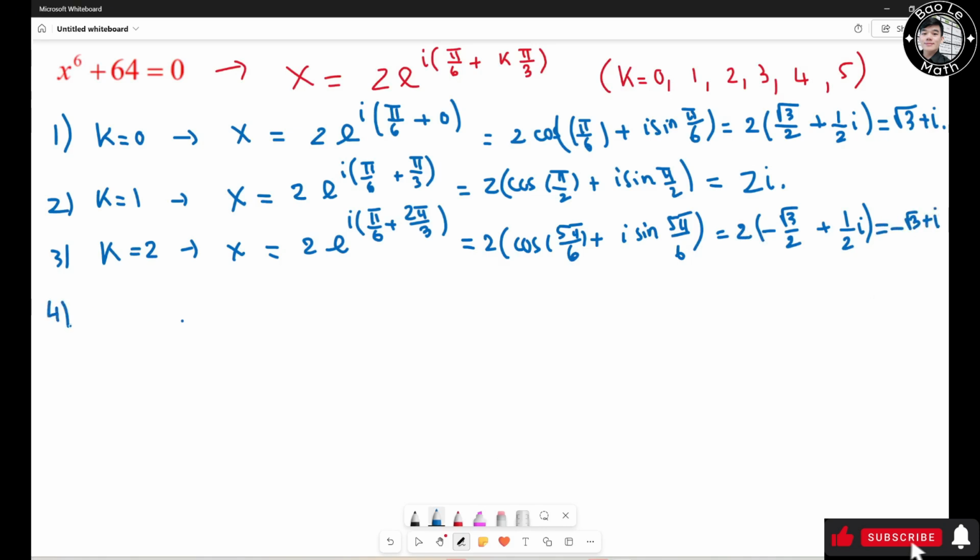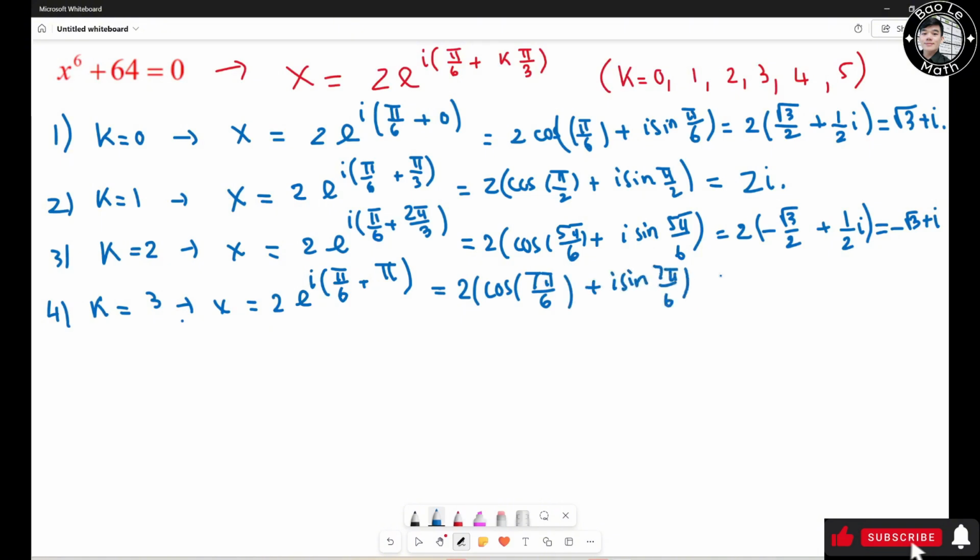Now number 4, k equals 3. So you have S equals 2 times e to the i of pi over 6 plus pi, right? So this turns out to be 2 times cosine of 7 pi over 6 plus i times sine of 7 pi over 6, because pi over 6 plus pi is 7 pi over 6.